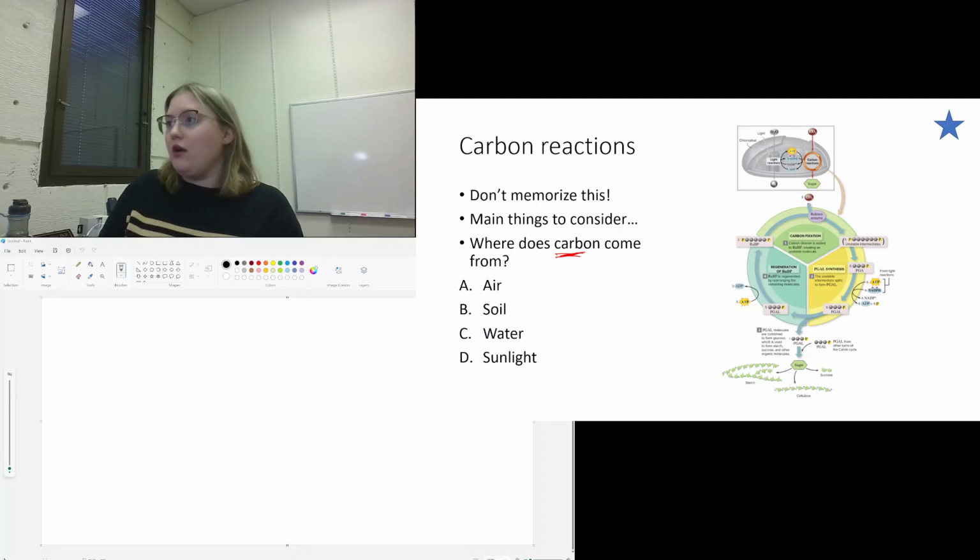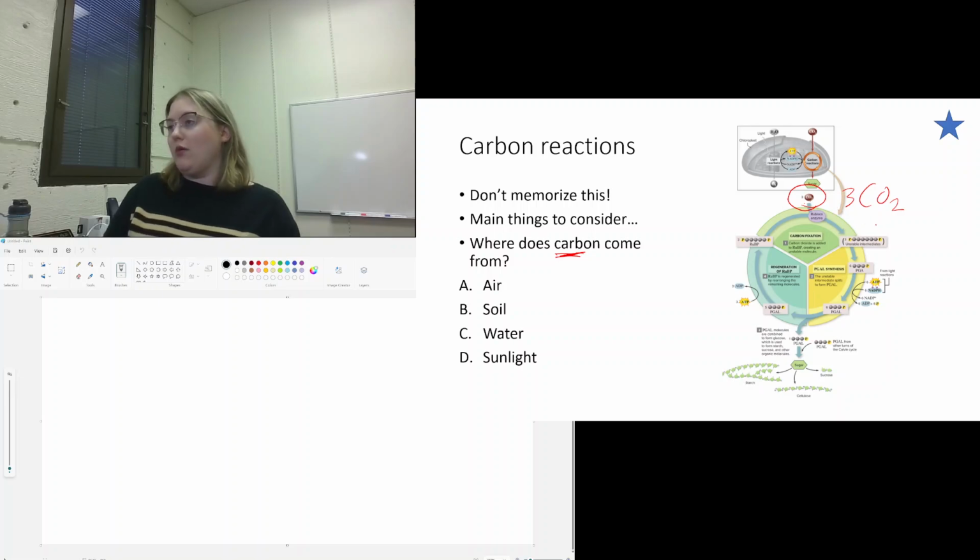So if we look at our diagram over here, it's a little bit hard to see. We have carbon dioxide coming in. This is 3 carbon dioxide, and that is coming in. In this cyclic diagram here, we have carbon fixation, and then we are going to be making P-gal.